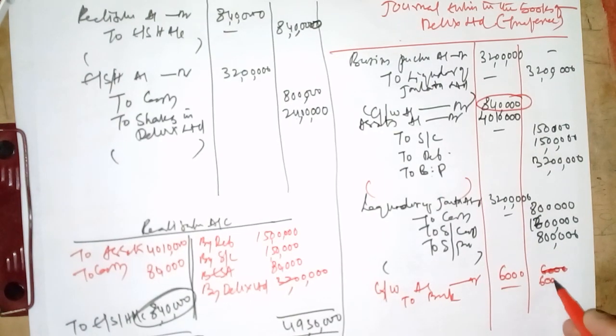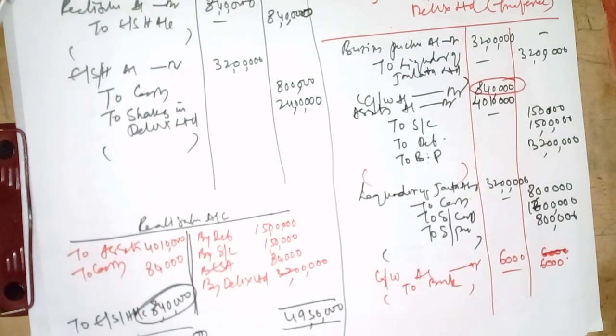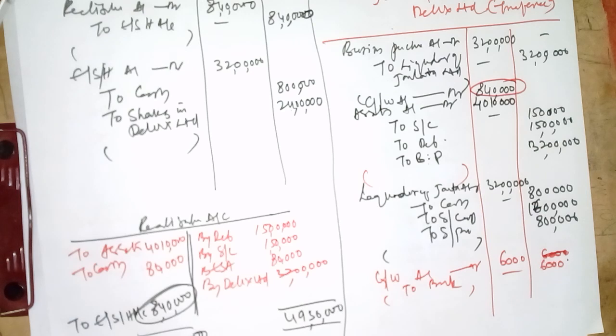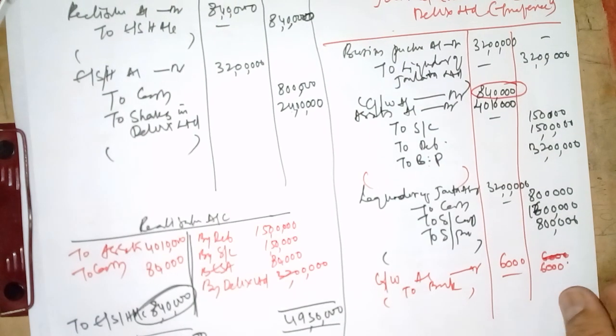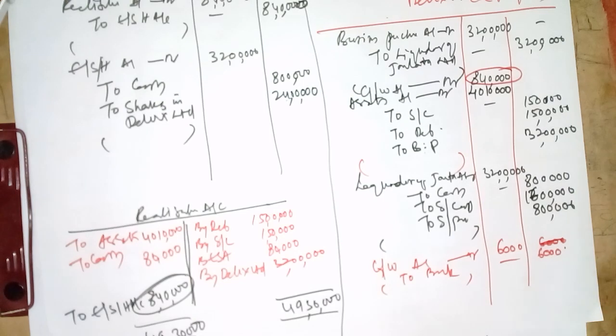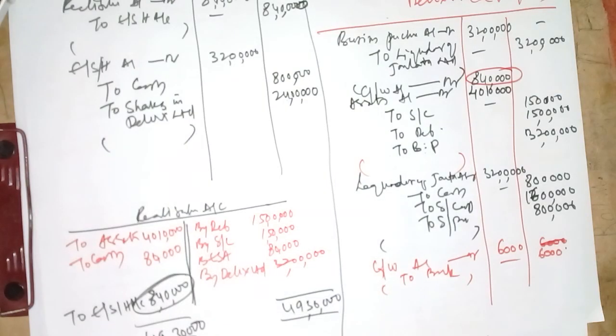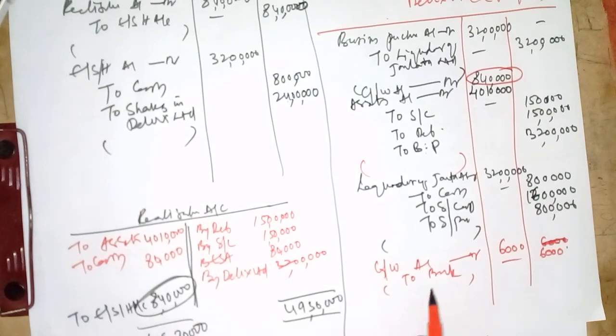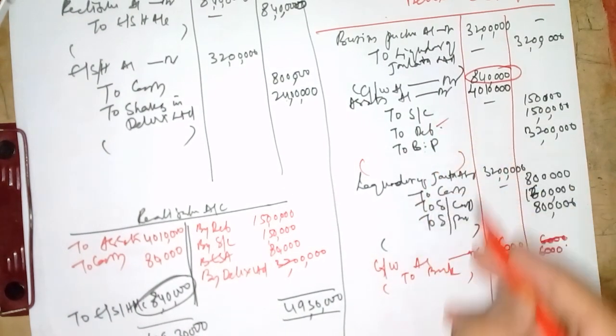Sorry, 6,000. Now the final entry would be we are converting debentures at a premium of 10%. So the final entry: we are converting debentures, so this debenture will get closed.